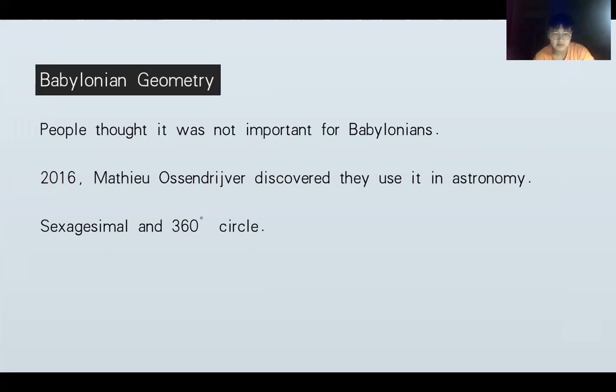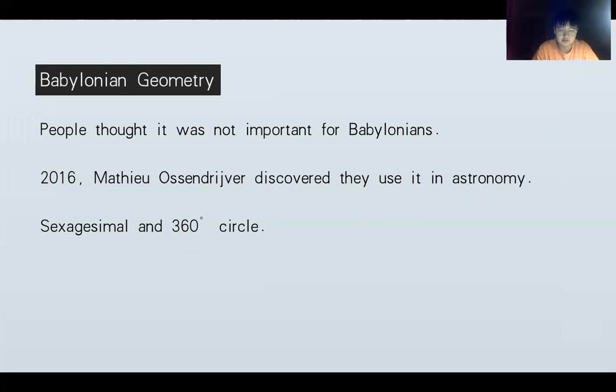However, in 2016, a German mathematician, whose name I probably cannot pronounce right, but I will give it a try, Matthieu Ossendrijver, discovered that ancient Babylonians actually used geometry quite well. How?